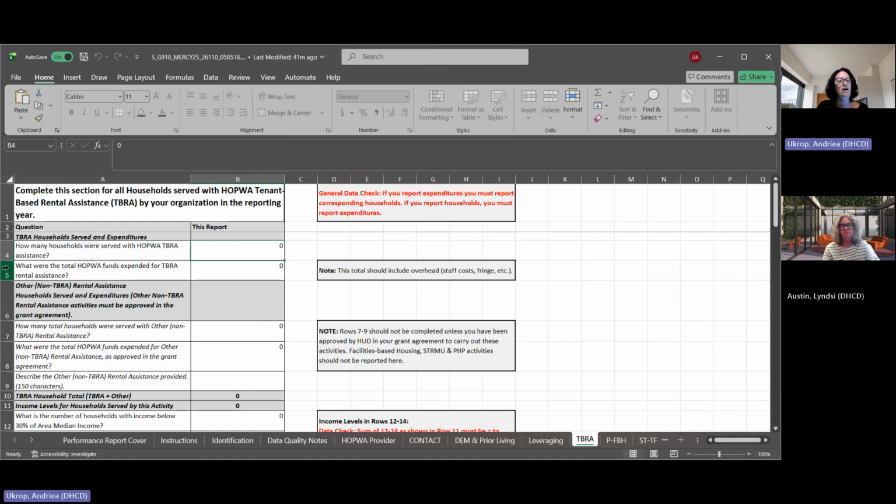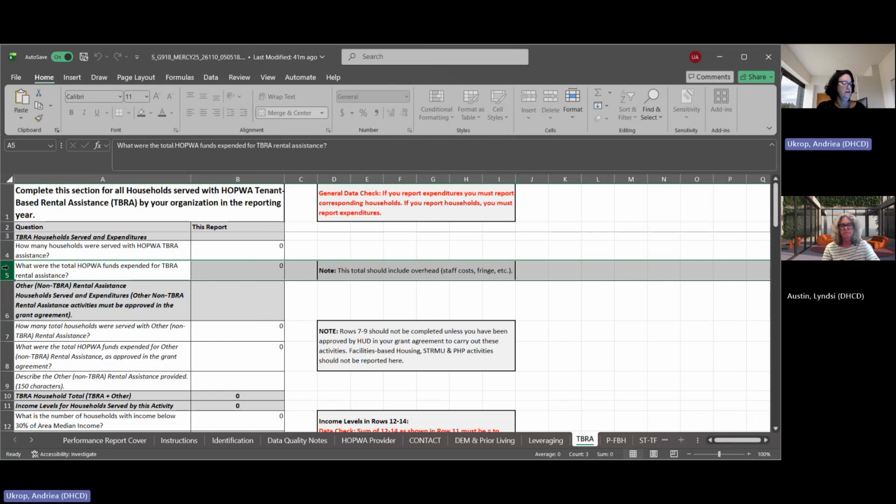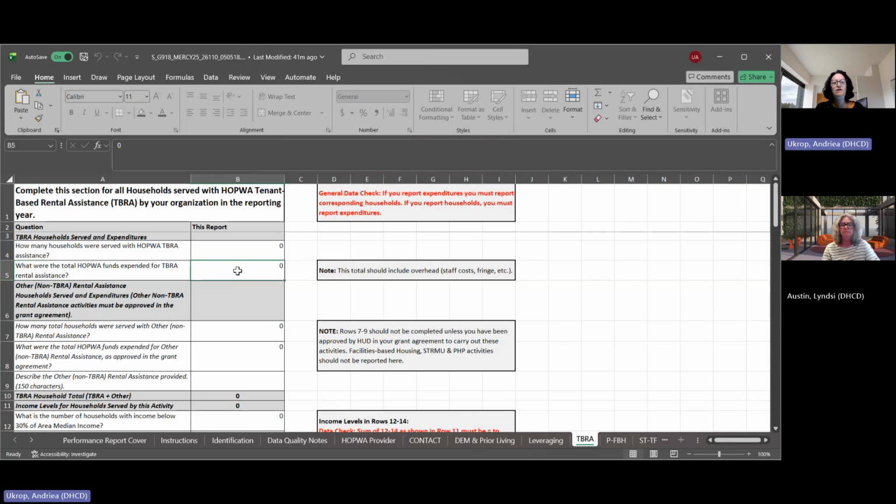So here on row 5, these are the total funds expended for TBRA. So this should be a number, and you will want to make sure that is a number and not a narrative.